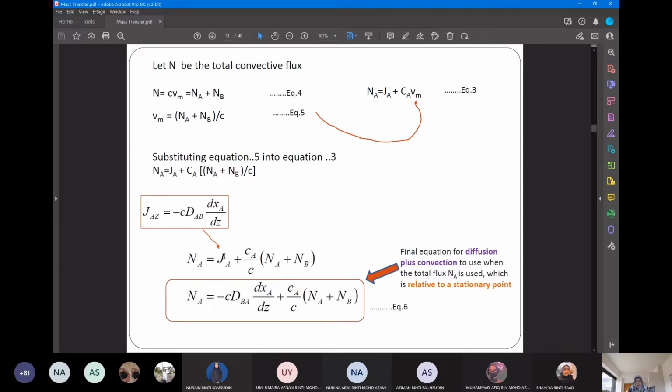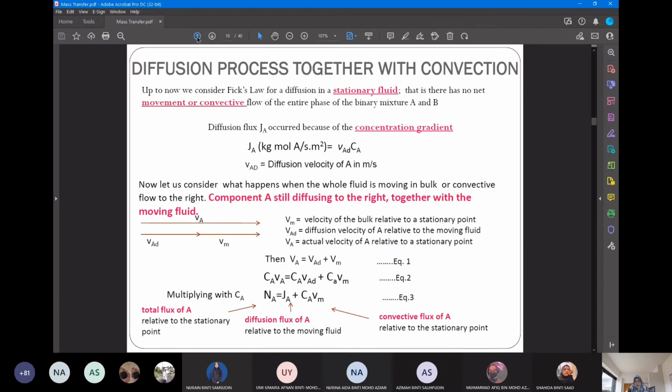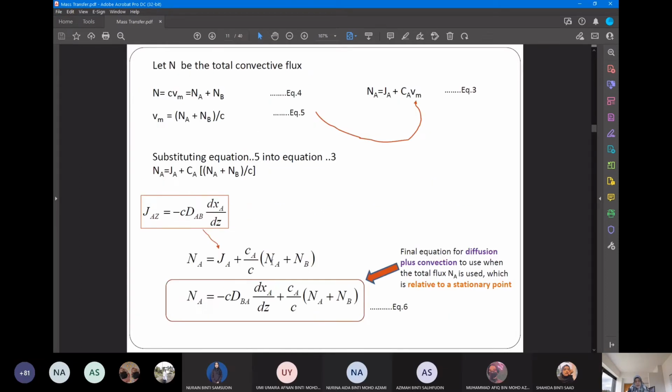The convective part, which is CAVM, you can substitute from these terms.